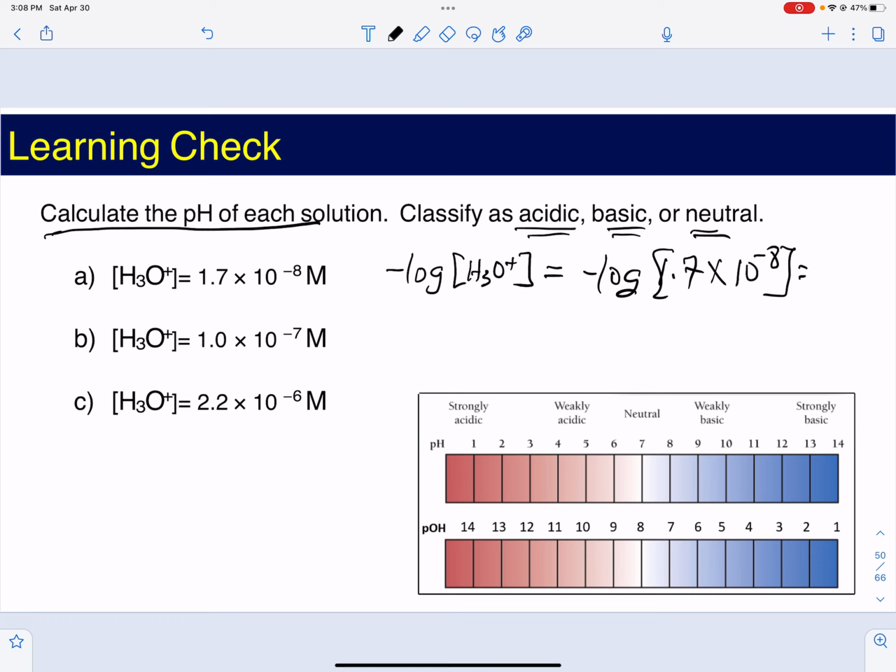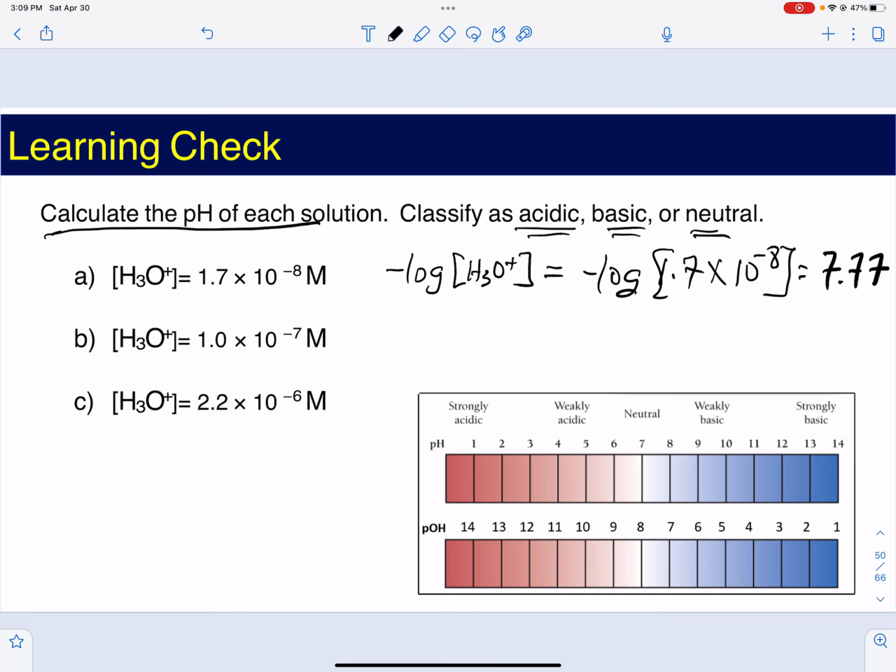And when we put that in our calculators, the minus log of 1.7 times 10 to the minus 8 is going to give us 7.77. So the pH is 7.77 in this case.